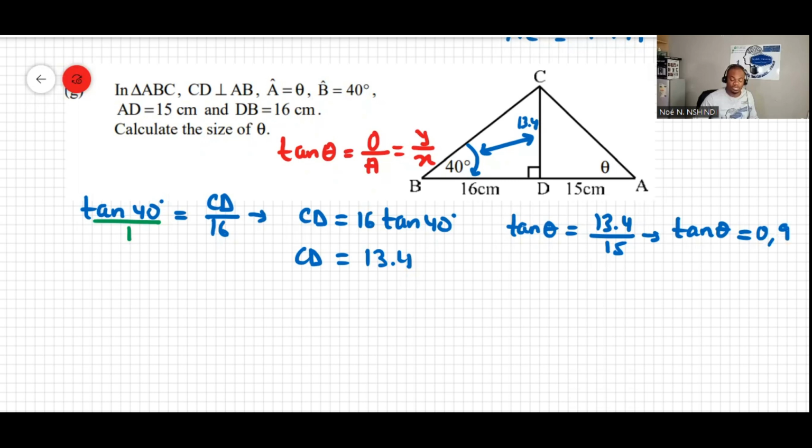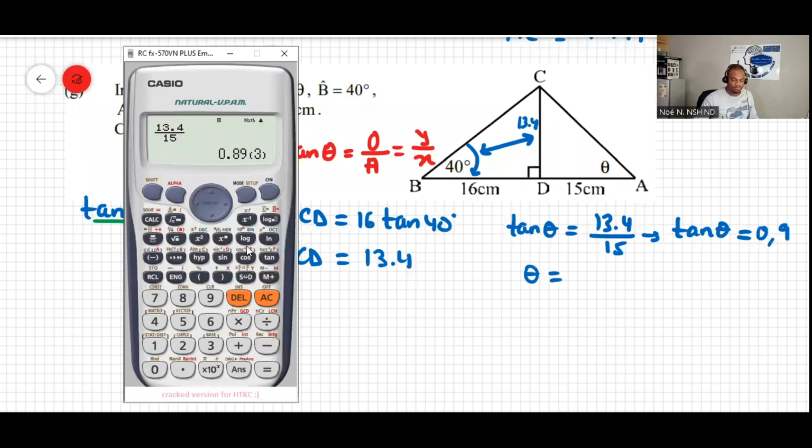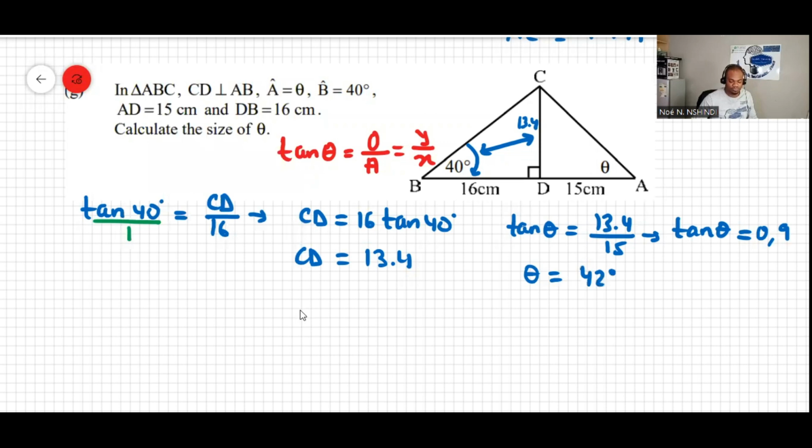Now, I can get the value of theta. I'm going to use the inverse formula. So we press shift, okay, and then we press tan, and then we write there 0.9. And then this is equal to 41.98, so that makes 42 degrees.